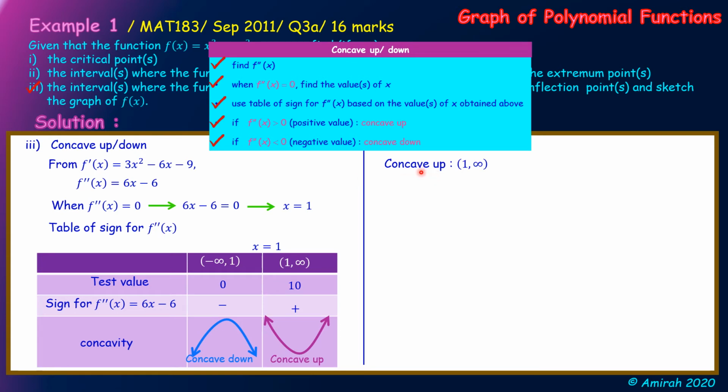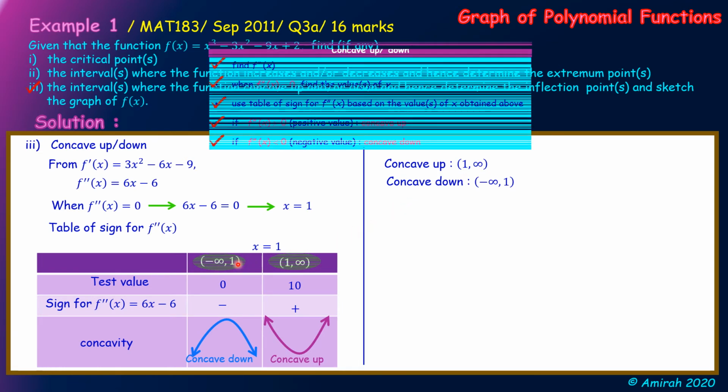Then we can write concave up is interval 1 to infinity, and concave down is interval negative infinity to 1.